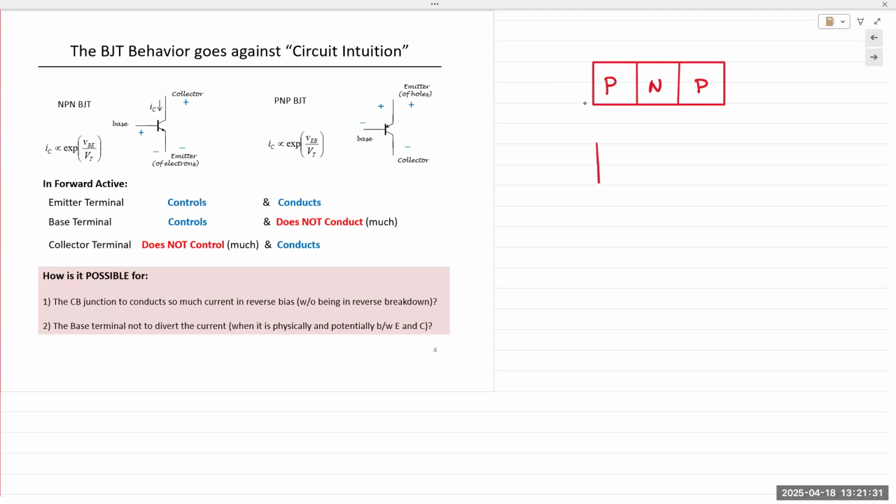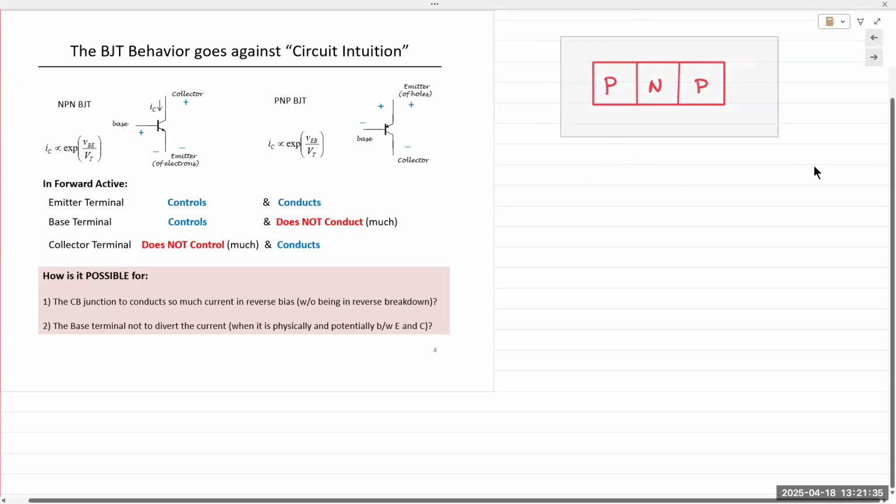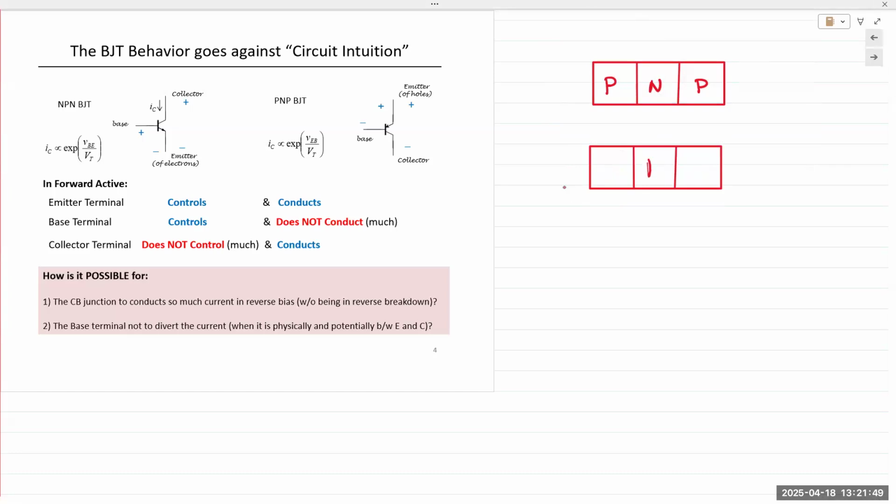And if we take the P-type material in the middle and sandwich it between two N-type materials, we get what is known as an NPN transistor. PNP and NPN. The only difference between the two is that in one of the transistors, electrons are the majority carriers.